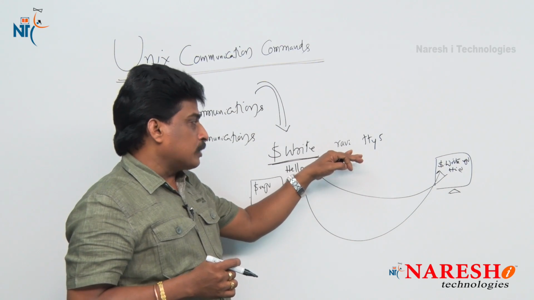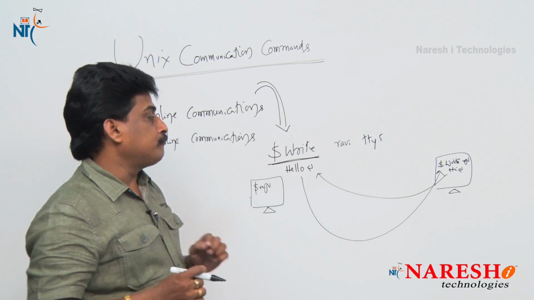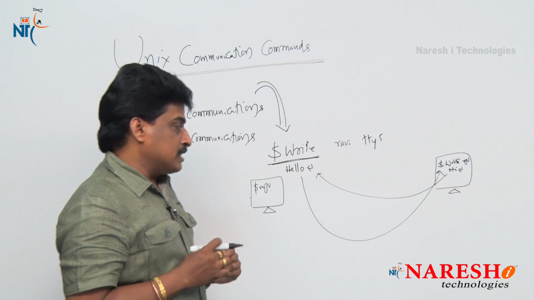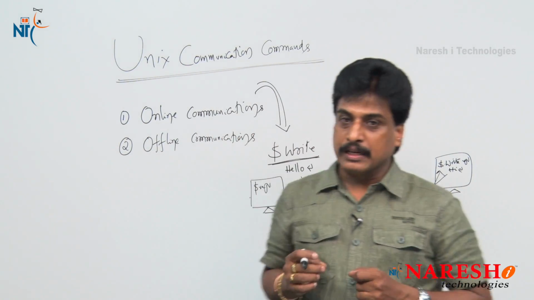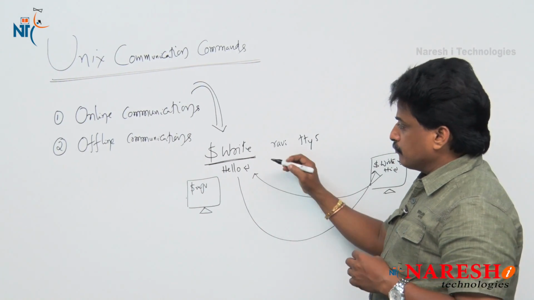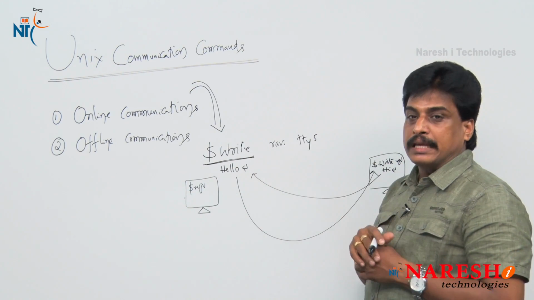So I am sending to Ravi who is accessing terminal 5. When users are duplicated, you must specify the terminal number. This is the way we deliver messages from 1 to 1 or 1 to many, any number of users.